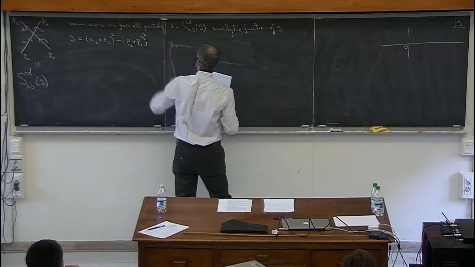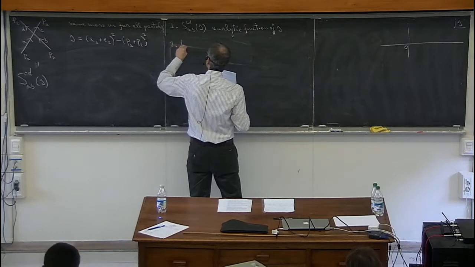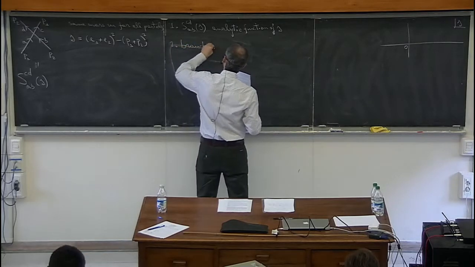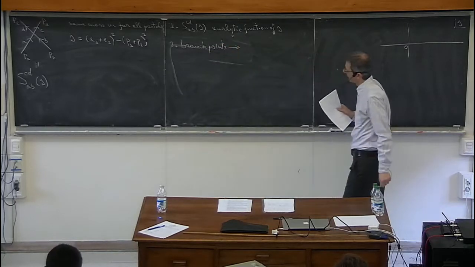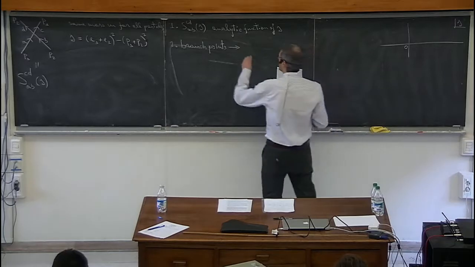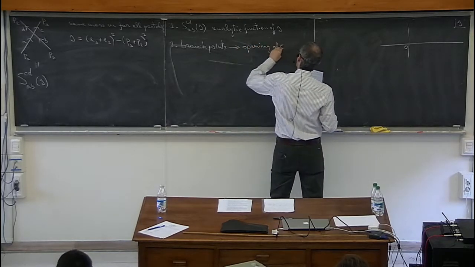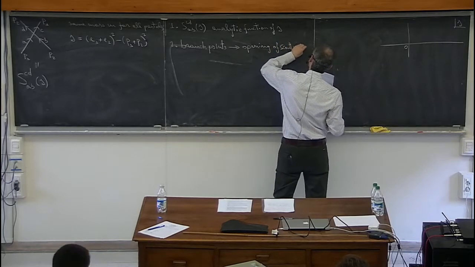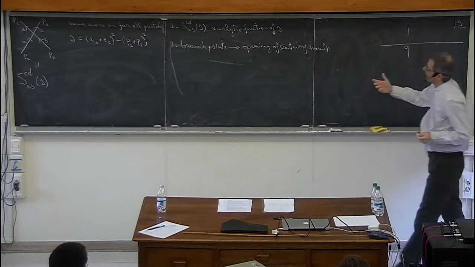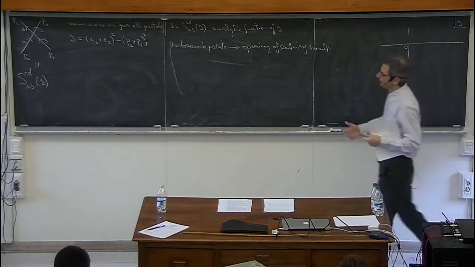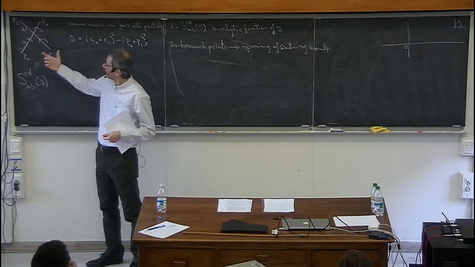So the first type of singularities are branch points, which are related to the opening of scattering channels. What I mean by that? In order to have a scattering, you need to have enough energy in order that the process is physical.